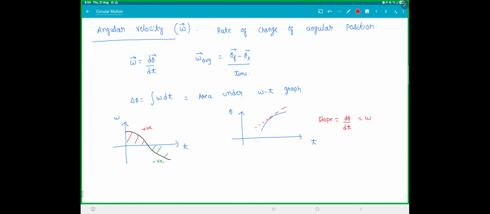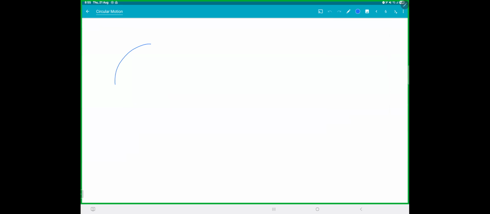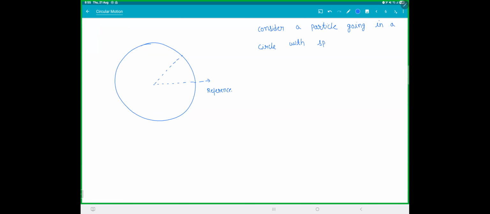Next thing. If you consider a particle going in a circle with speed v, and you take this angle to be theta, let the speed be v, and this distance is your arc length s.